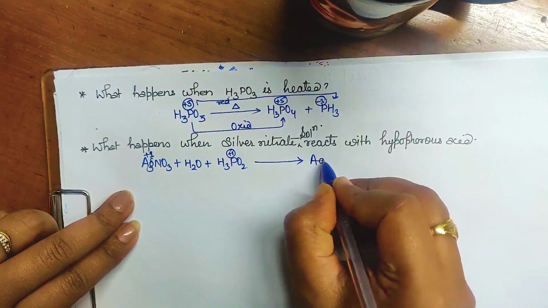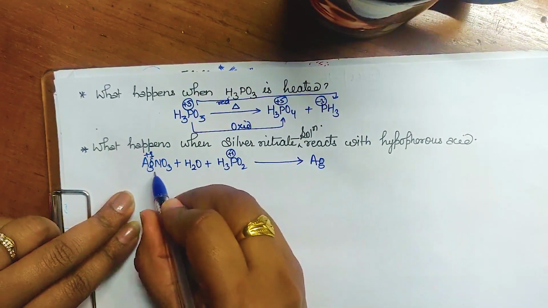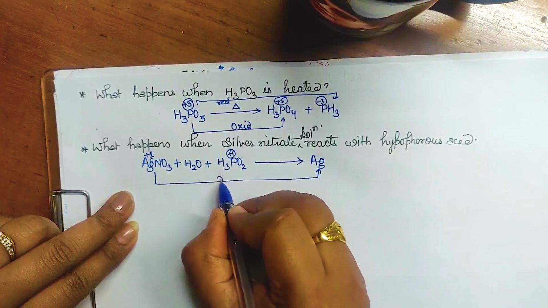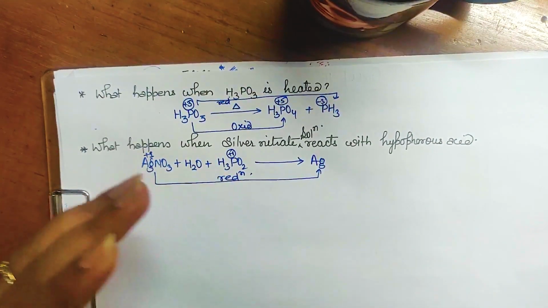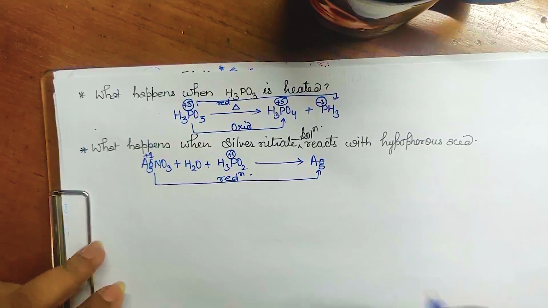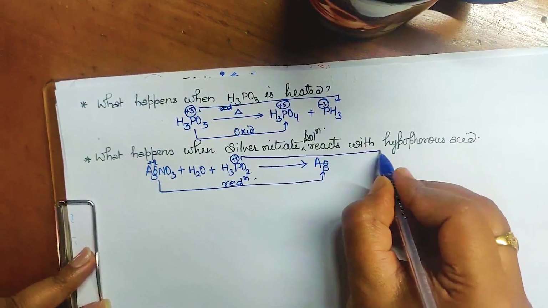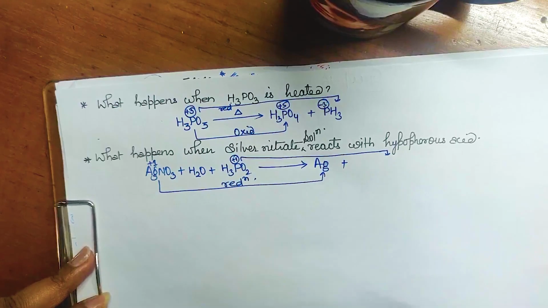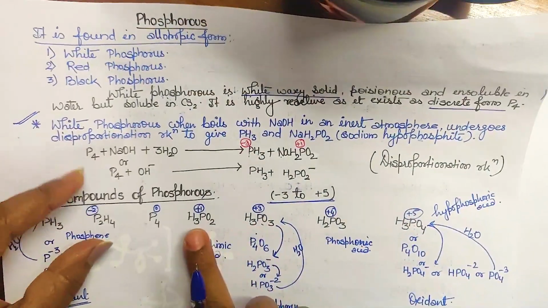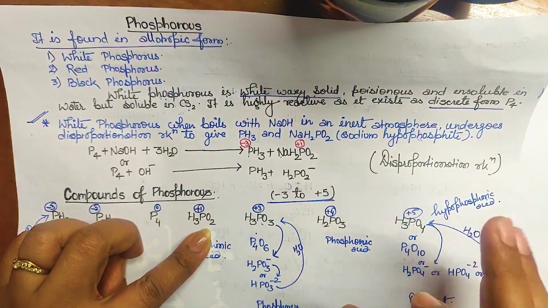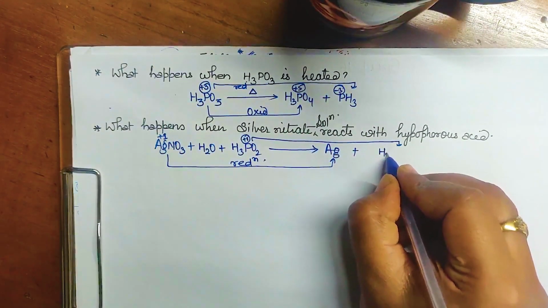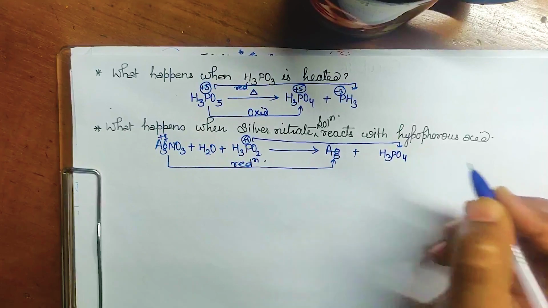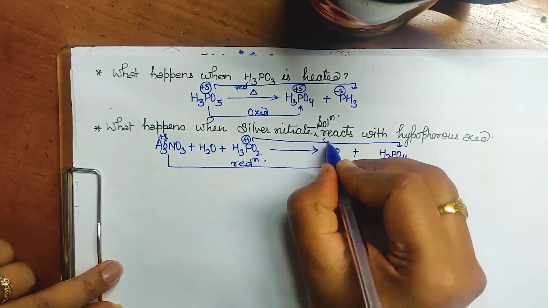It will reduce to Ag. If it undergoes reduction, then H3PO2 has to be oxidized, and the most stable product is H3PO4. H3PO4 will form by this oxidation.